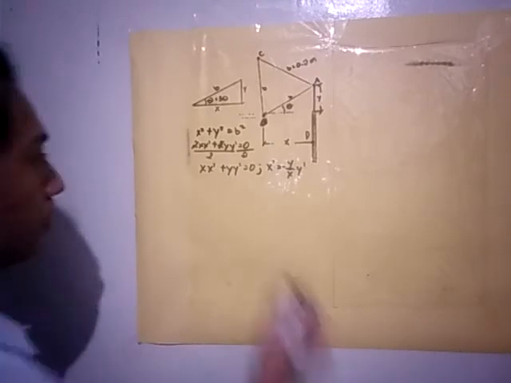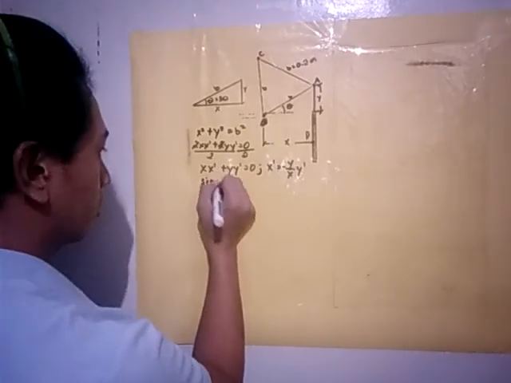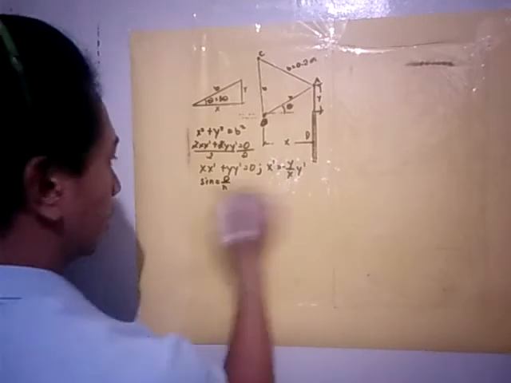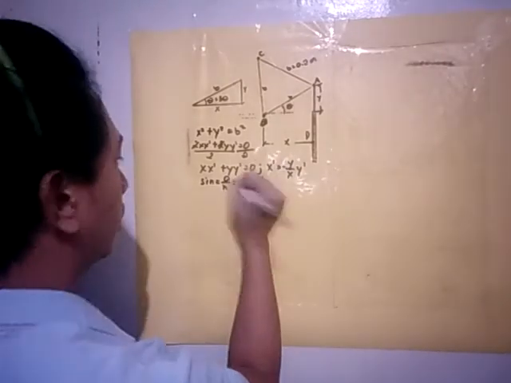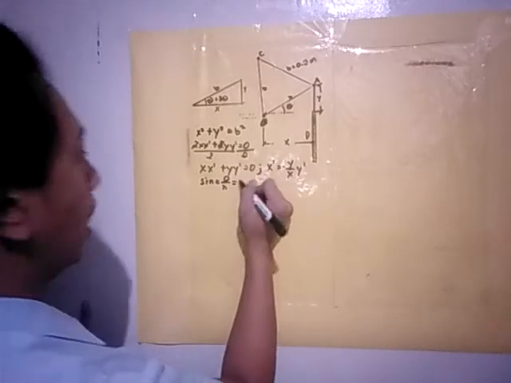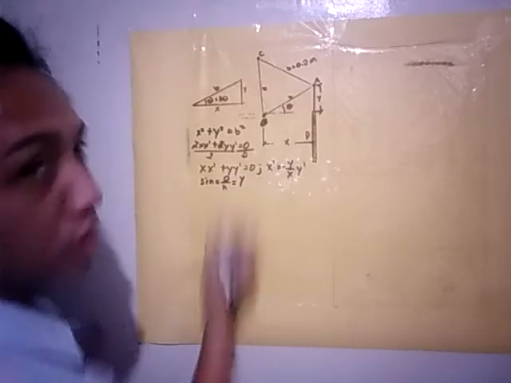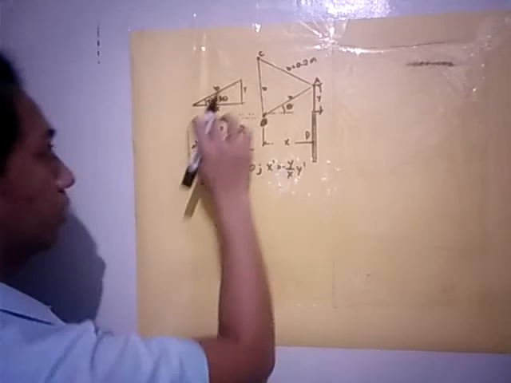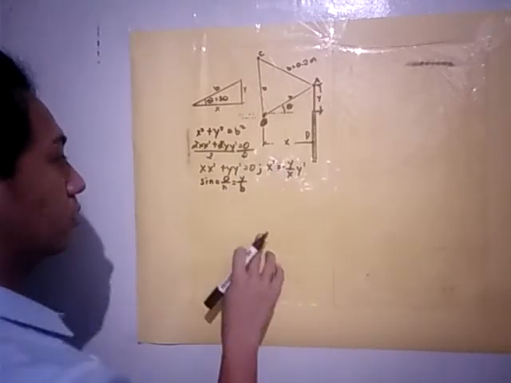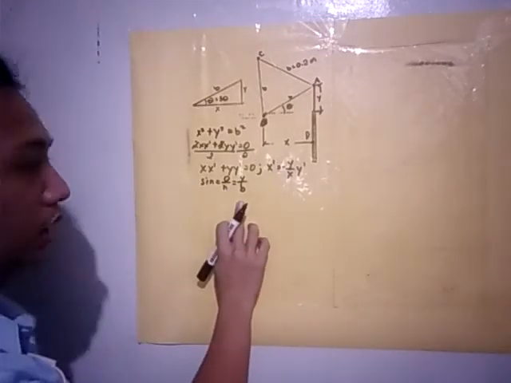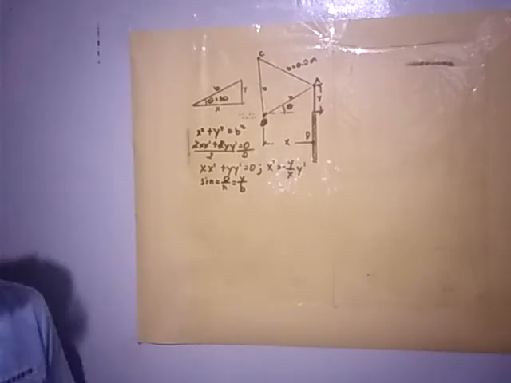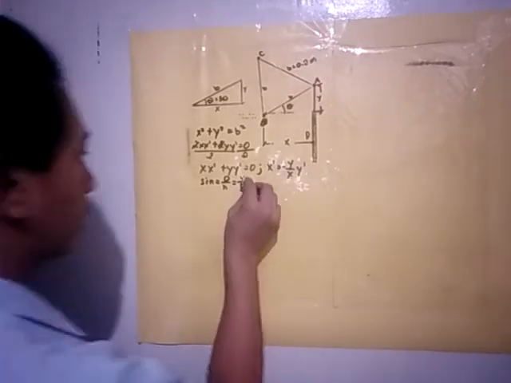We have the formula for sine: sine is equal to opposite over hypotenuse, which is y over b. So y is equal to sine 30 times our b. So that's how it goes.